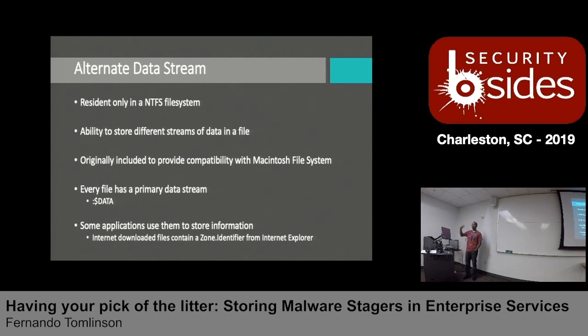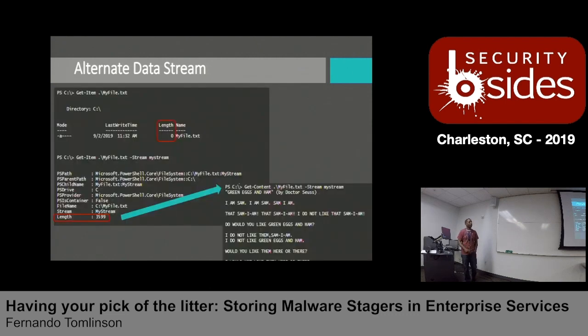Have you ever been downloading a file, tried to run it, and a pop-up said, hey, be careful, this came from the internet, you shouldn't trust stuff, blah, blah, blah? Well, that was a zone identifier ADS that was attached to your file, saying that zone 3 or 4, or whichever one it is, tags it as coming from the internet. That's what's stopping you and prompting you. It's that zone identifier ADS that's being tagged.